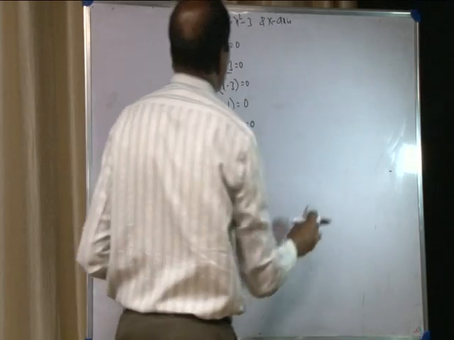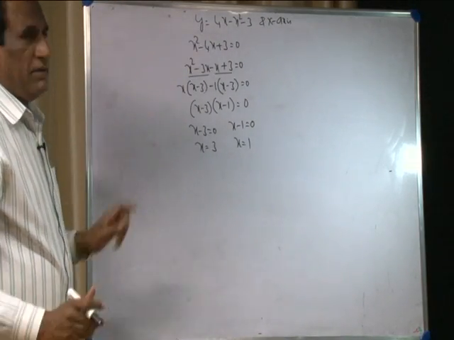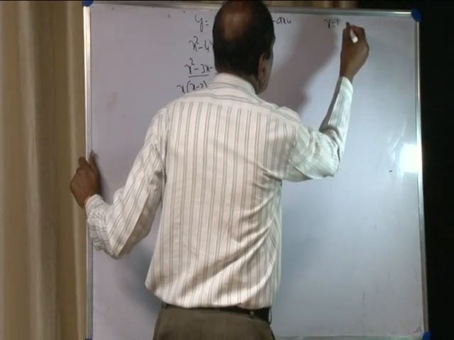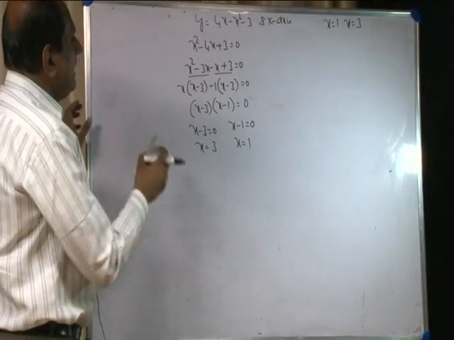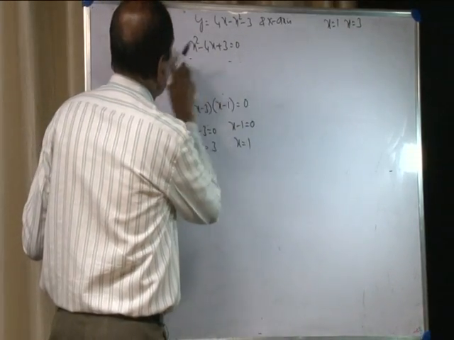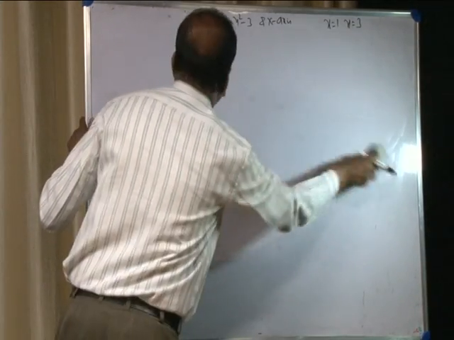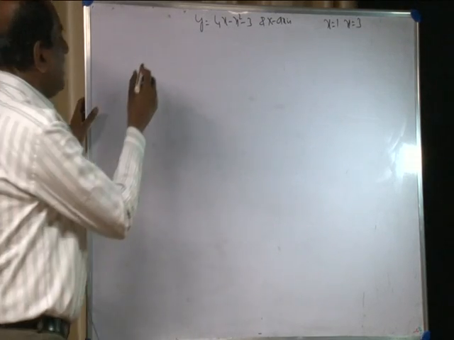What is the formula to find the area of the given curve? We obtained two values, x is equal to 1 and x is equal to 3. Now, find the area bounded by the given curve. What is the formula to find the area of the curve?